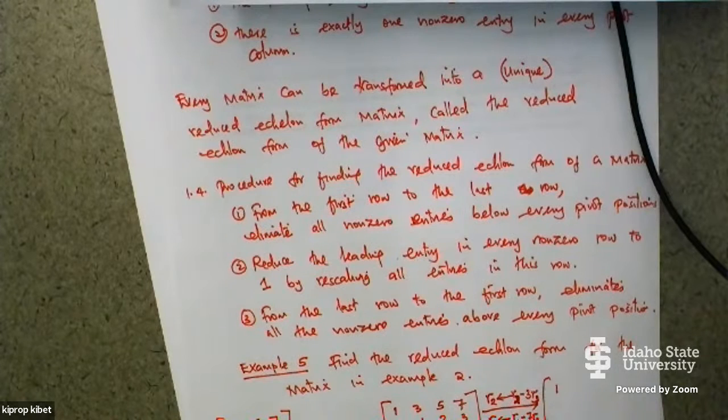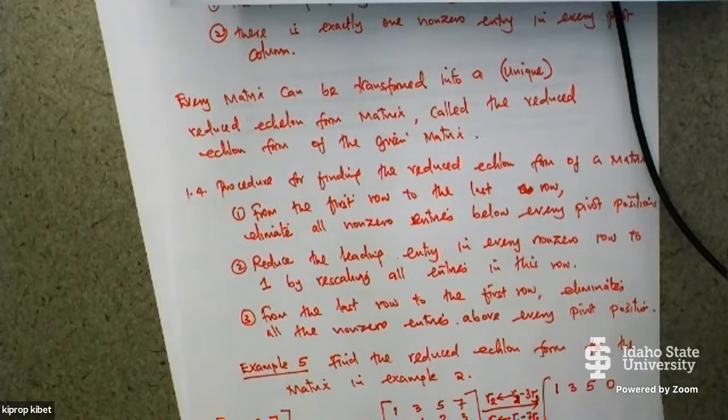So let's start from the first one, R1. R1 is R1 minus 7 R3. So this is still 1, still 3, still 5, and then 7 minus 7, you get 0 there.